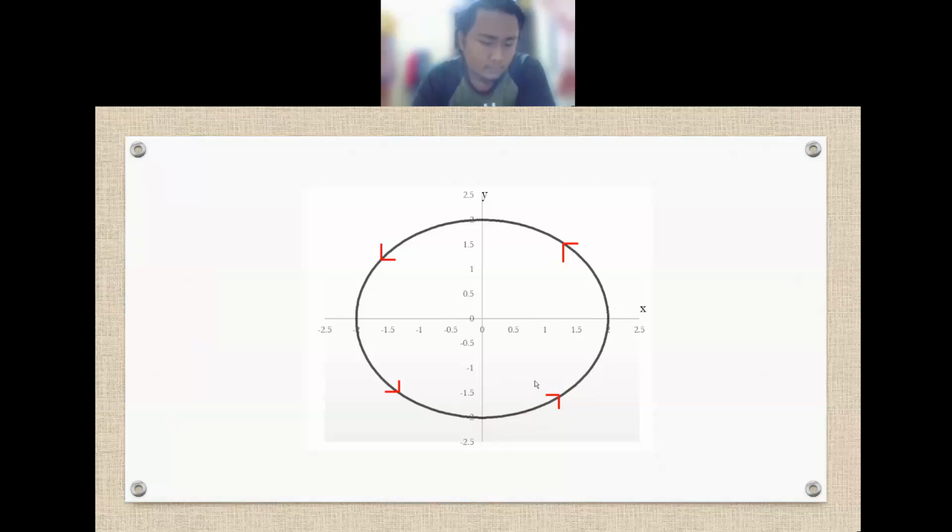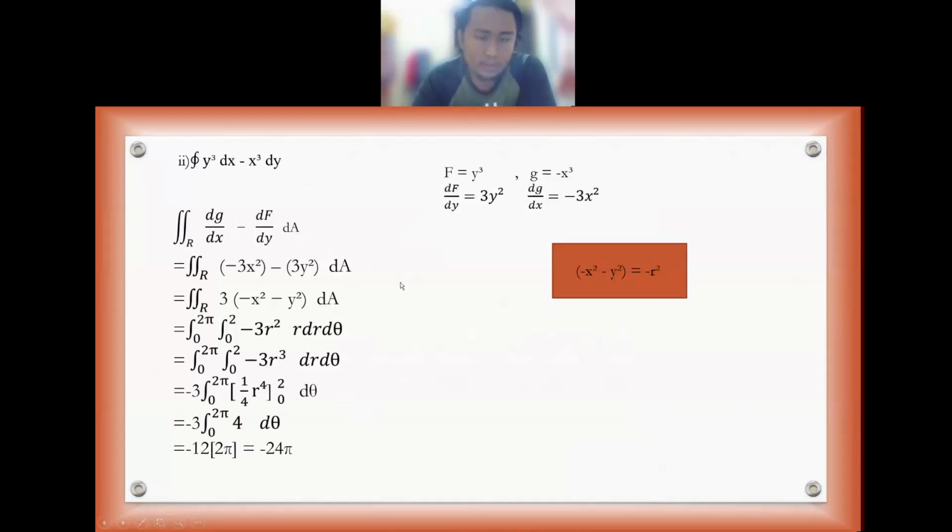Next. For the solution, we find our f and g value from the question. For f, we got y cubed and g, we have negative x cubed. We differentiate f with respect to y, we got 3y squared. We differentiate g with respect to x, we got negative 3x squared.